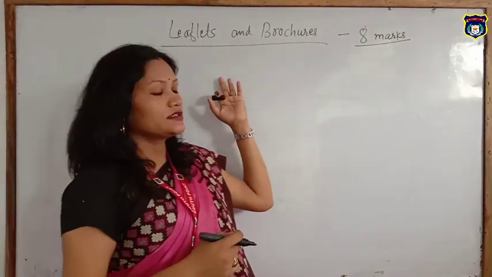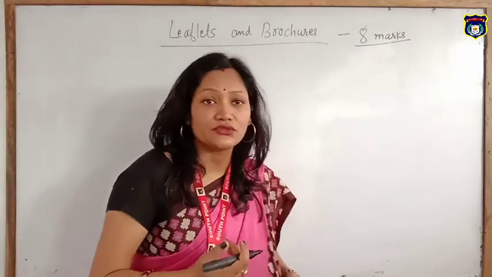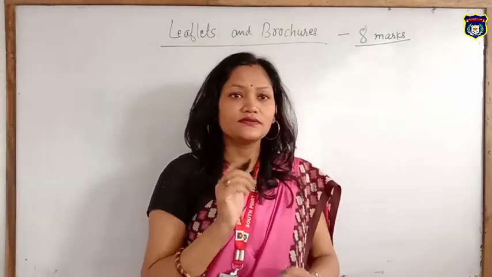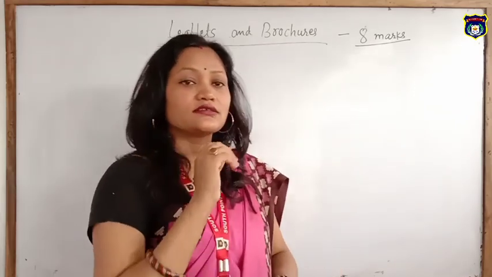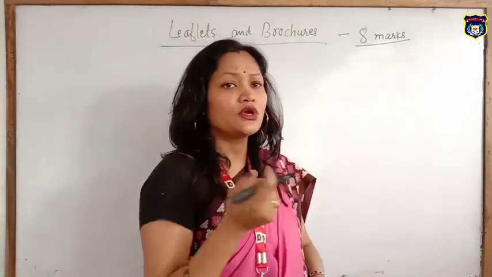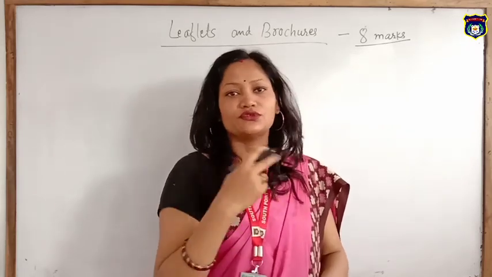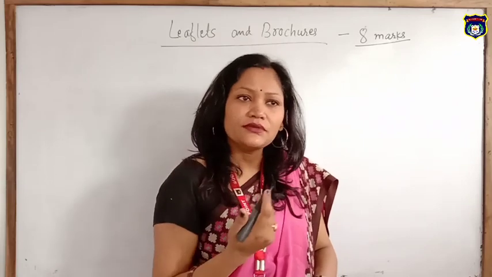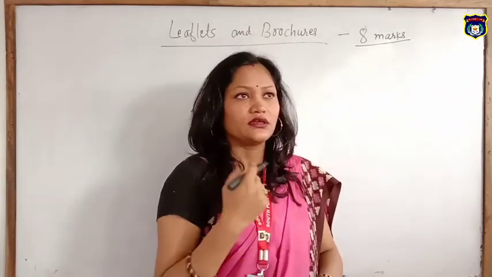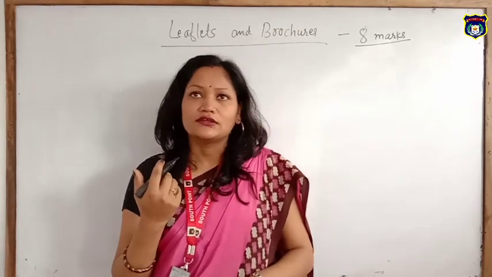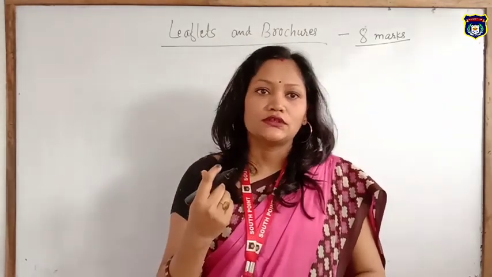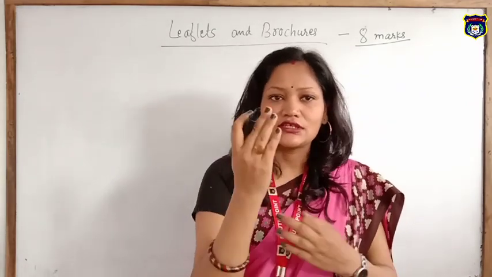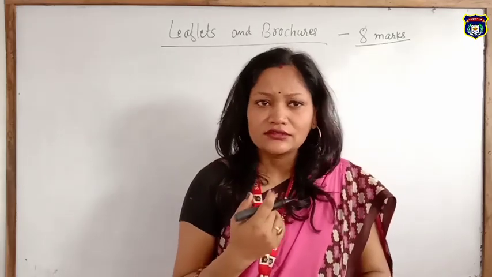So, basically, what is a leaflet? That is the question. A leaflet is an informative publication printed on a single sheet of paper, which may be one fold, two-sided printed or two-folded, basically for information or advertisement. For example, whenever we read a newspaper, we sometimes get a paper inside it, just one sheet in any color.